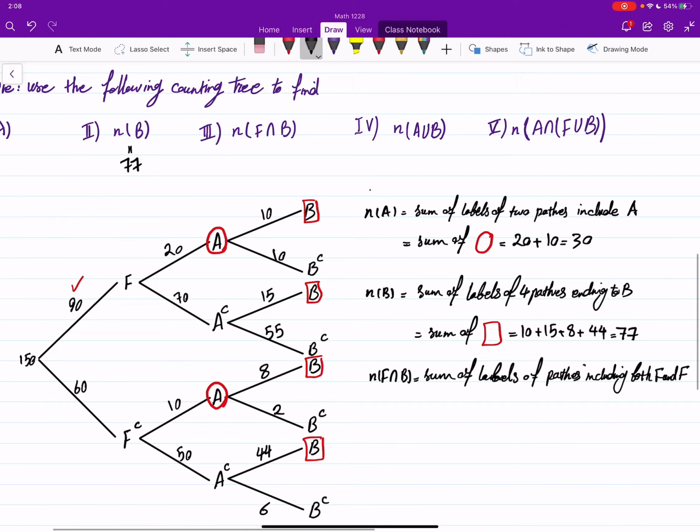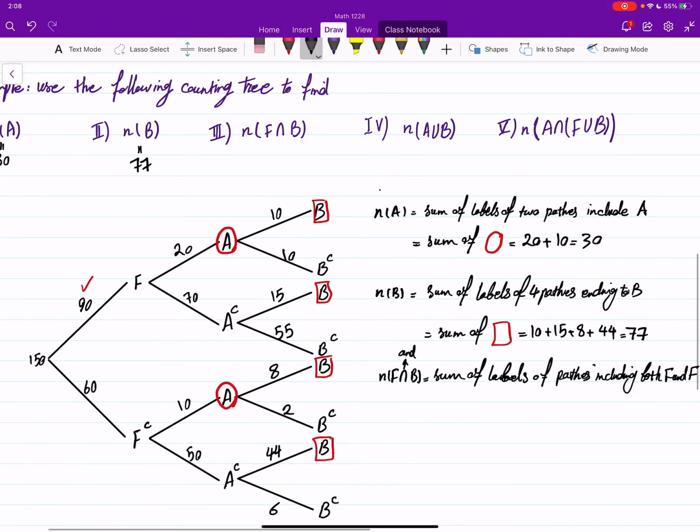Remember that for intersection, we change it to AND. So let's see what we have here. I'm looking for all paths which include both B and F. So F is here, and then there's B up there. So I will put triangles for these ones. And there's also another one here.